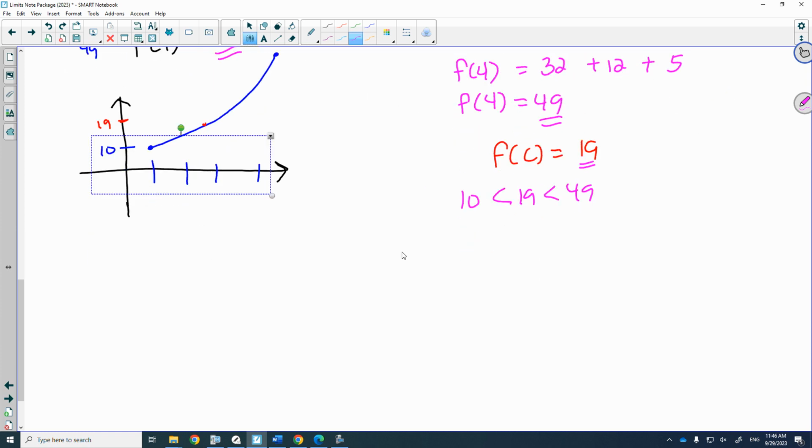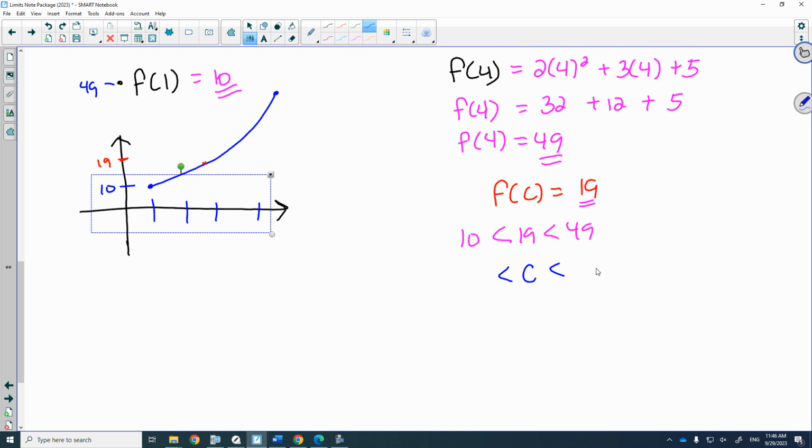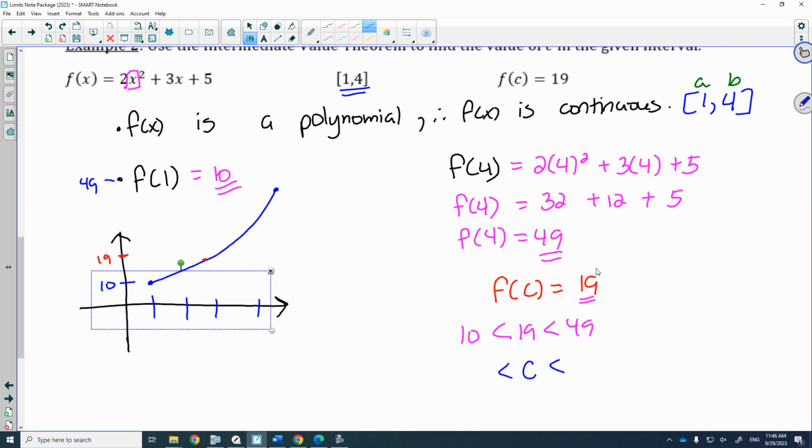So what that means is we can apply the intermediate value theorem, and we could state that c is going to be less than... do you know what I would put over here? So c would be less than 4, and it would be greater than, Sarah, what number?